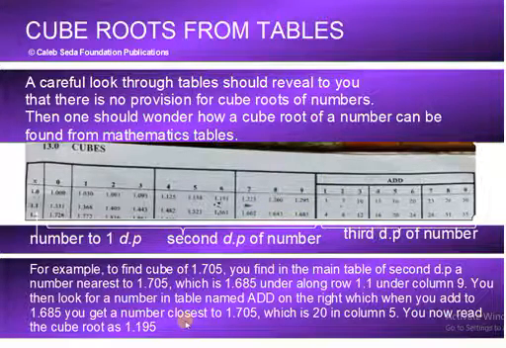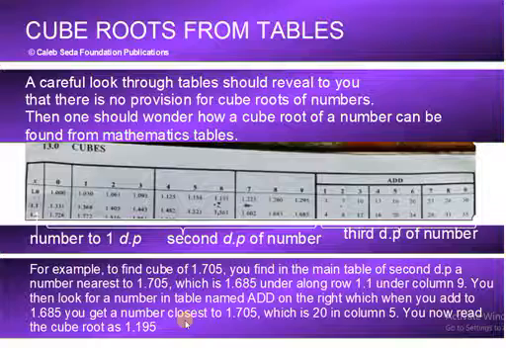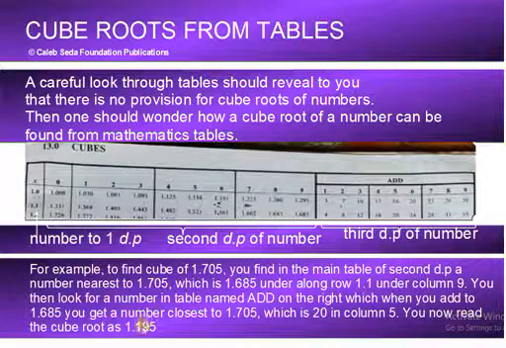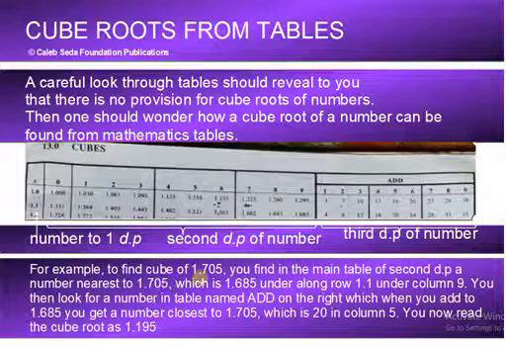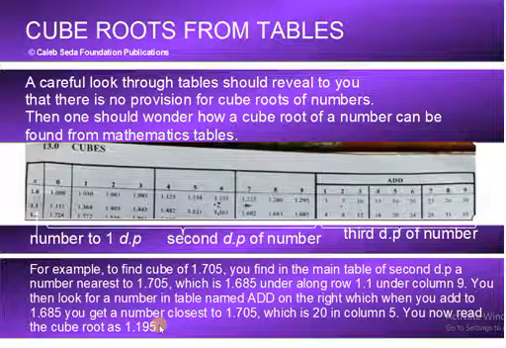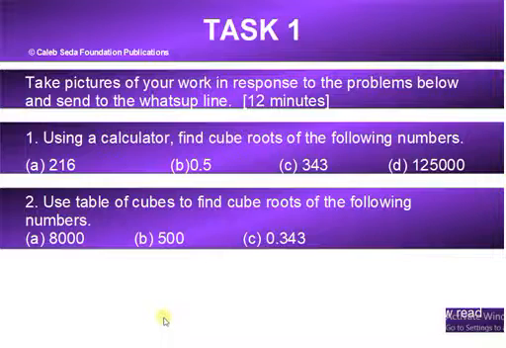So the number whose cube is 1.705 is 1.195, and that is good. You need to practice more of that.